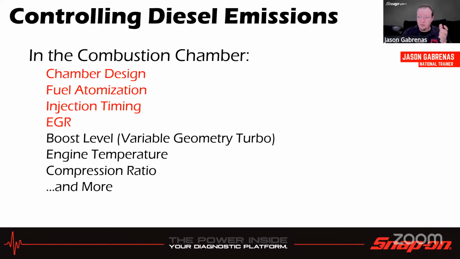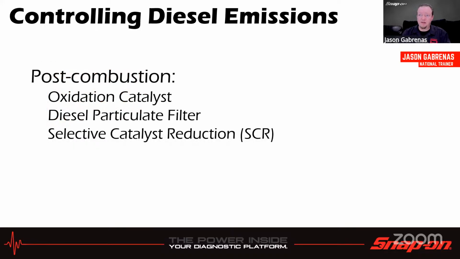They can change boost level with the variable geometry turbo, engine temperature, compression ratio, and even more, just for some examples. But post-combustion is where we're really going to focus today, and that is your oxidation catalyst, your diesel particulate filter and all associated things with that, and then your selective catalyst reduction system and all of the things that go along with that as well.